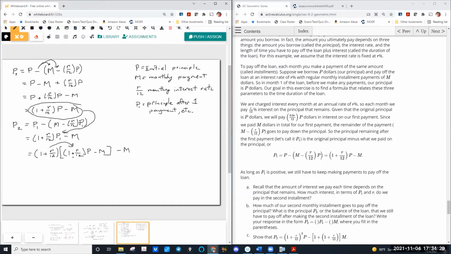If I distribute to that term, I have 2 of the 1 plus r over 12s, so 1 plus r over 12 squared times P, and then I'm going to have one of them times the m, so I have minus m times 1 plus r over 12. And then we have this minus m hanging out at the end.